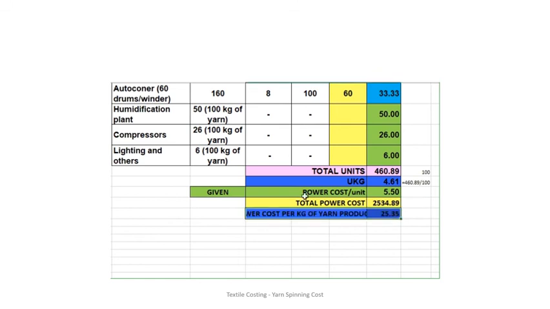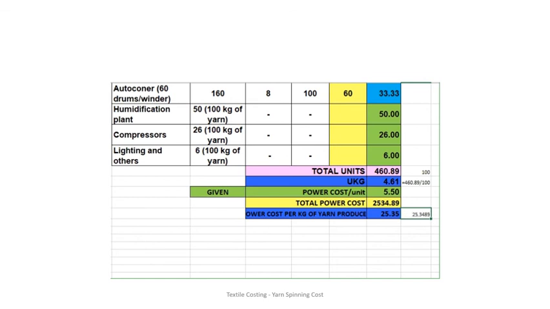The power cost per kg of yarn produced is UKG into power cost, or total power cost divided by 100, because the production is 100 kg. So 2534.89 divided by 100 gives 25.35. It is also the same for UKG into power cost; you will get the same value. You can cross check here.